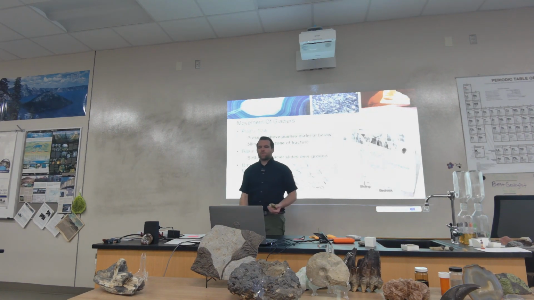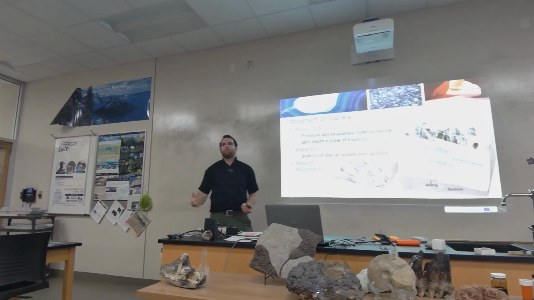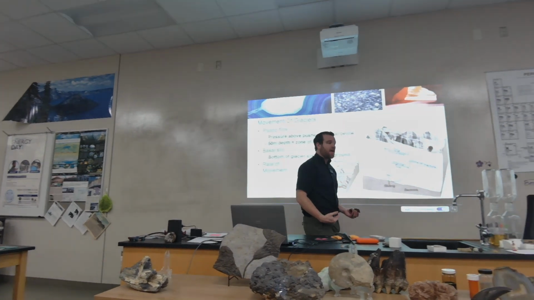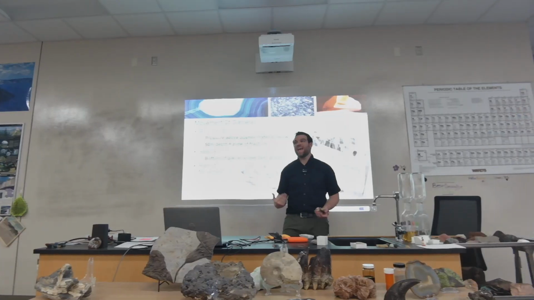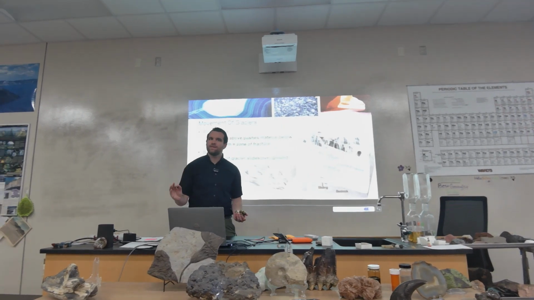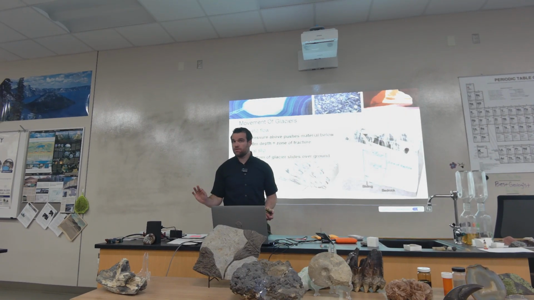So how do these glaciers move? This plastic flow happens after you get a certain amount of mass. Once your ice has reached a certain amount of mass, it is heavy enough under the influence of gravity, because remember, weight is a product of both mass and gravity. If I were in space, I would still have the same mass, just be weightless.